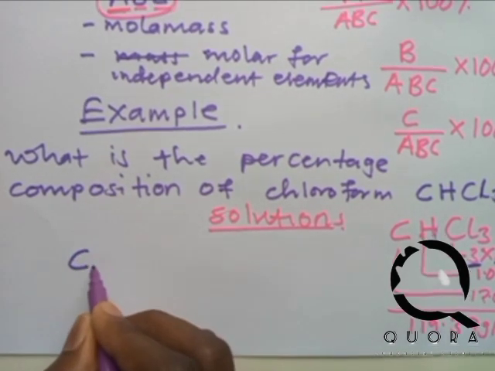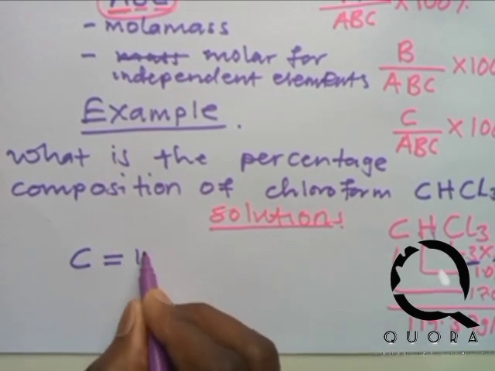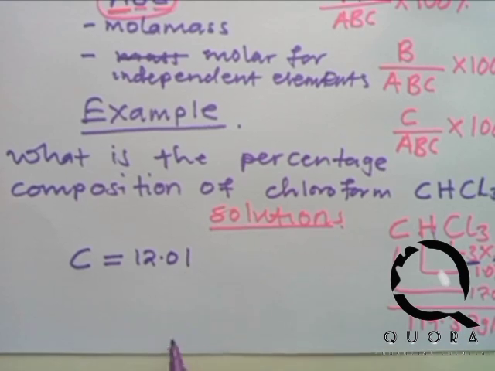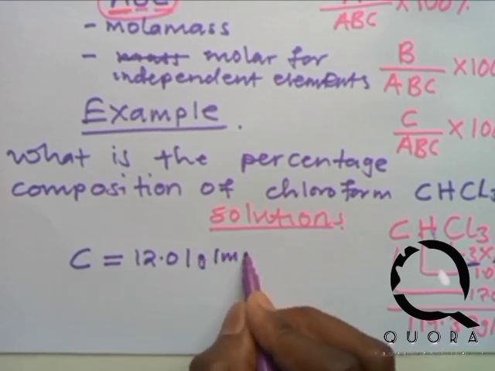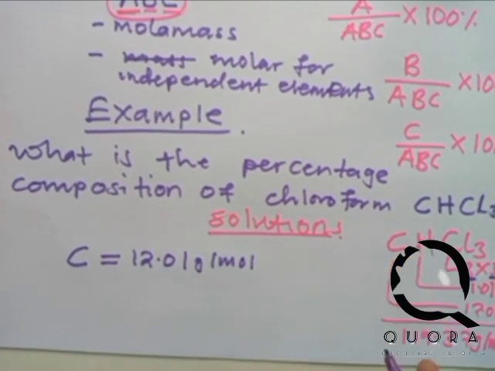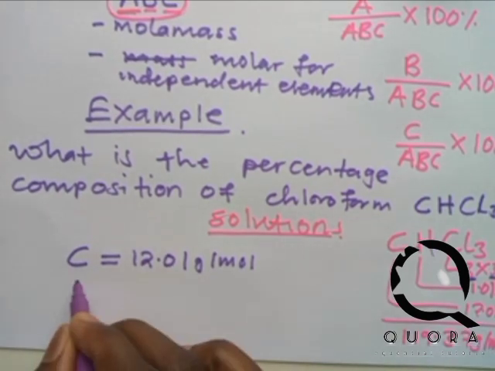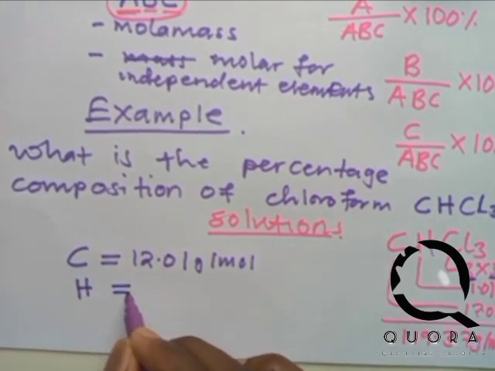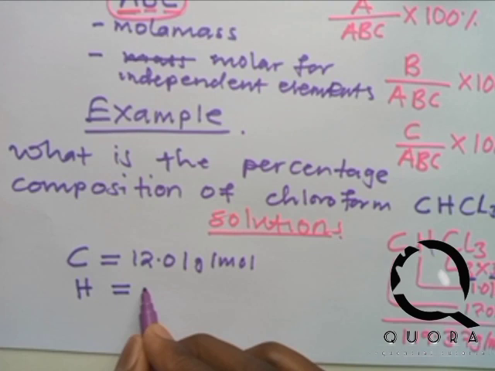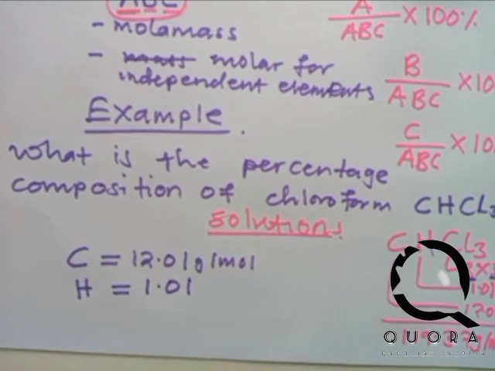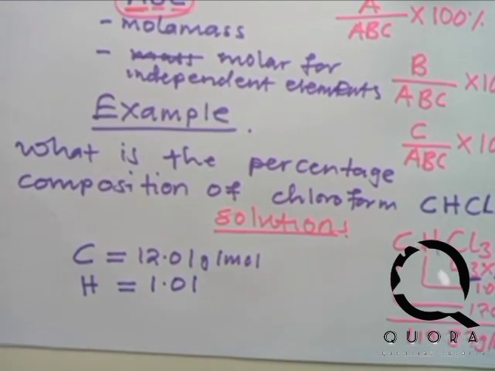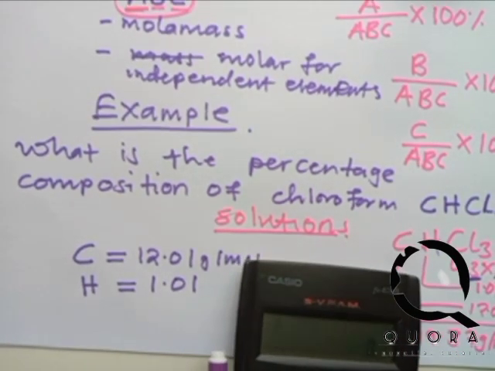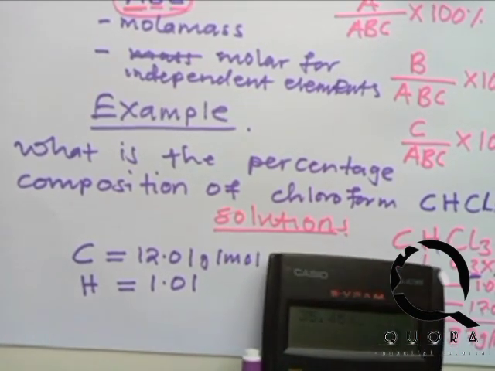I'll start with carbon. Carbon, we are saying it has 12.01 grams per mole. I'll come to hydrogen, say H, it must have something like 1.01. I'll come to chlorine. So I'll multiply 3 by the molar mass of chlorine, 35.45 multiplied by 3.